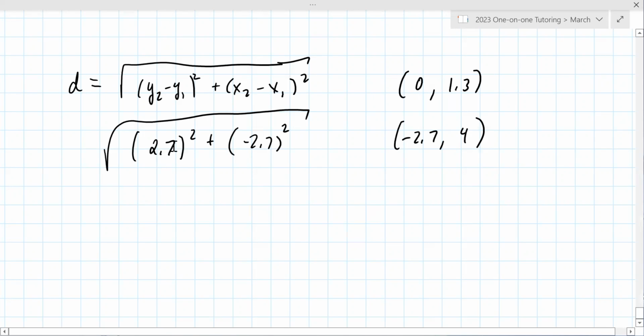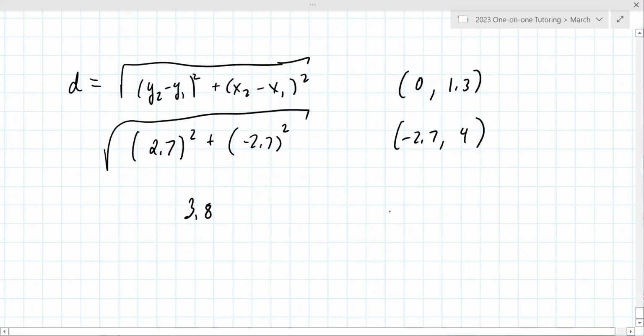Do you have to take a square root of that? Oh wait, I didn't take the square root. 3.8. Yes.